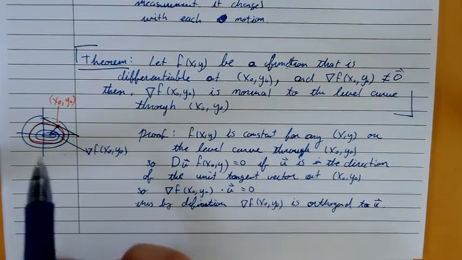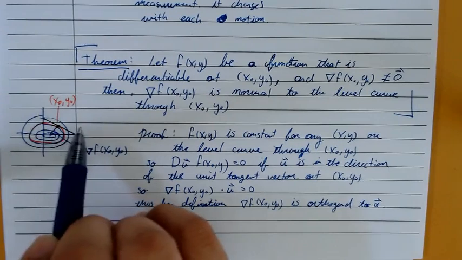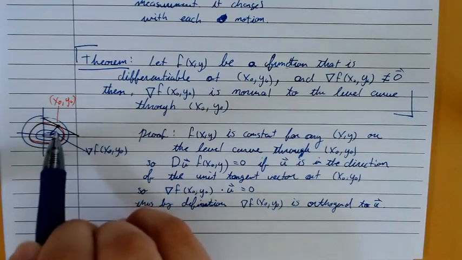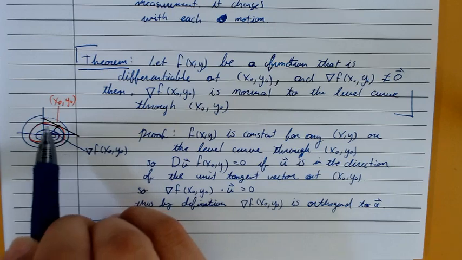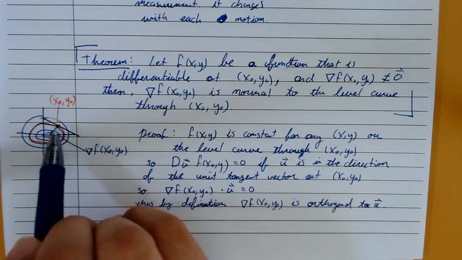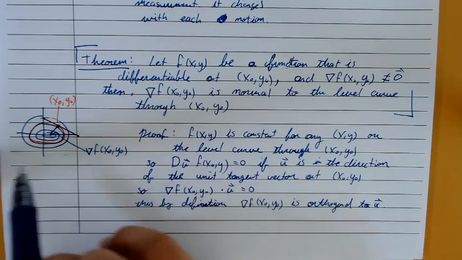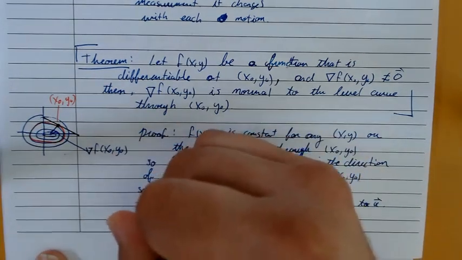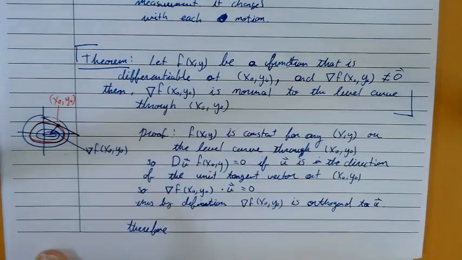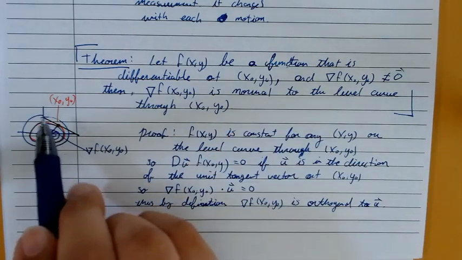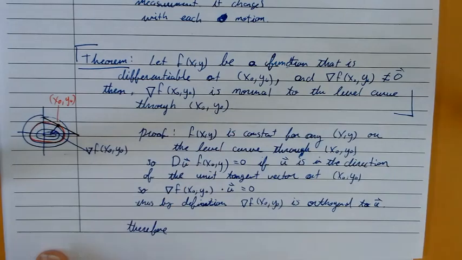Oh, but the vector u is the unit tangent vector. So here, the gradient is orthogonal to the unit tangent vector. So then it's got to be, by definition, that means it's normal to the curve. Now that's what it means to be normal to a curve. It means you are orthogonal to the tangent vector of the curve at the point.